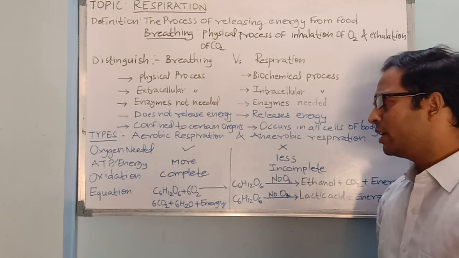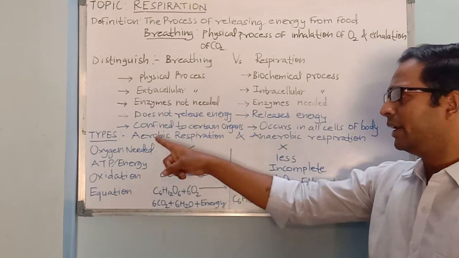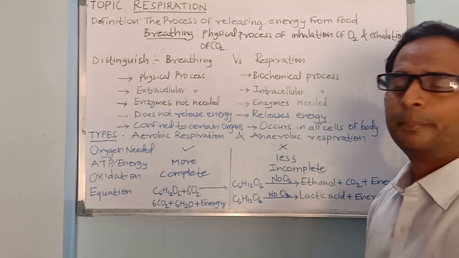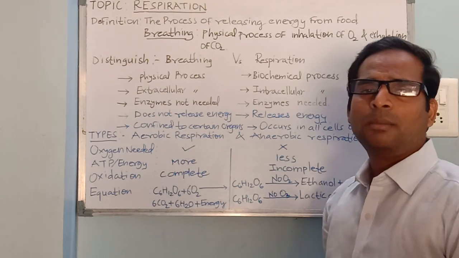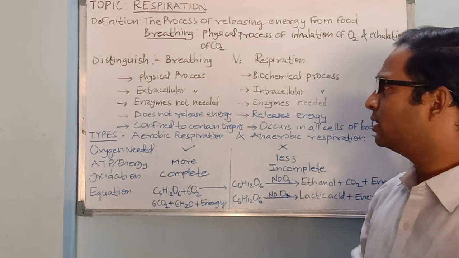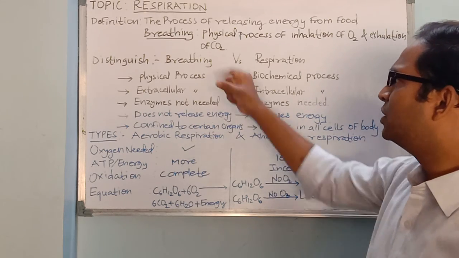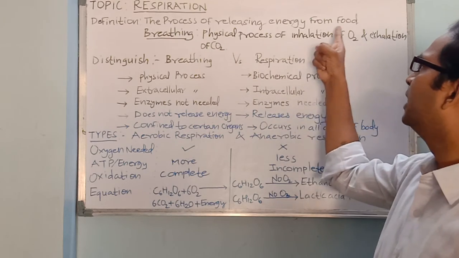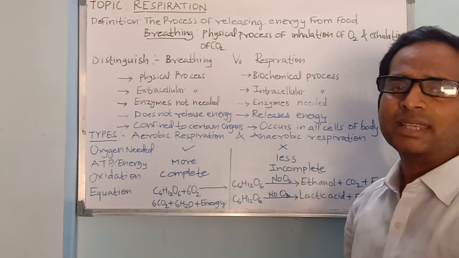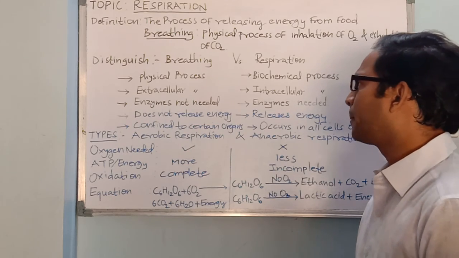Now we are going to deal with respiration first, and then we'll talk a little bit about breathing. So when you talk about respiration, the definition is important. The definition of respiration is the process of releasing energy from food which is assimilated inside the cells.